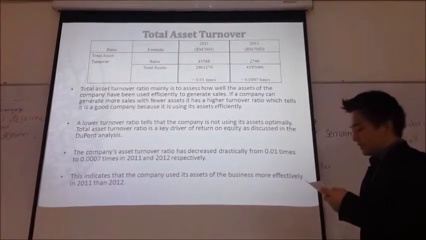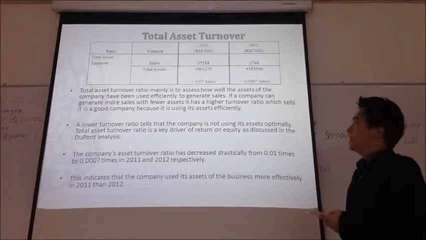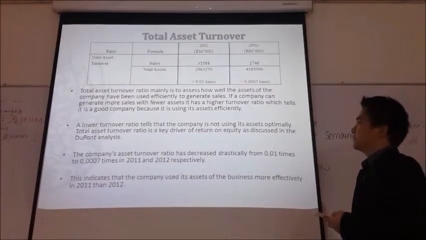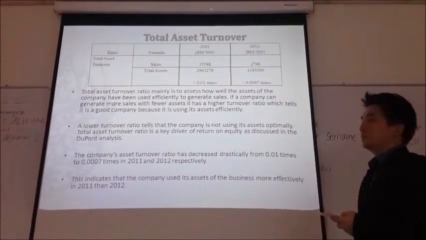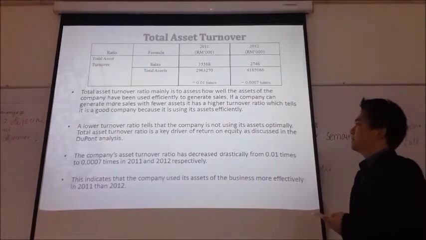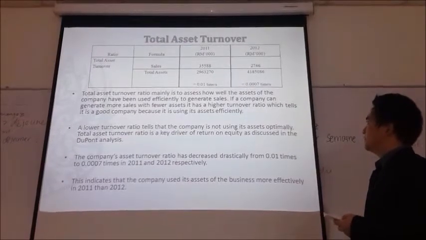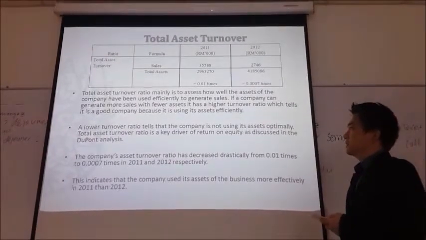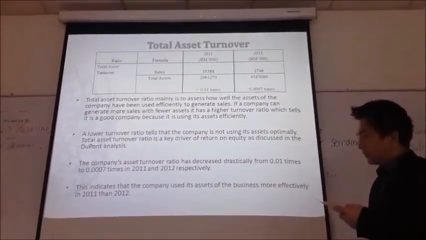And the total asset turnover ratio is mainly to assess how well the assets of the company have been used efficiently to generate sales. If a company can generate more sales with fewer assets, it has a higher turnover ratio, which tells us it's a good company because it's using its assets efficiently.